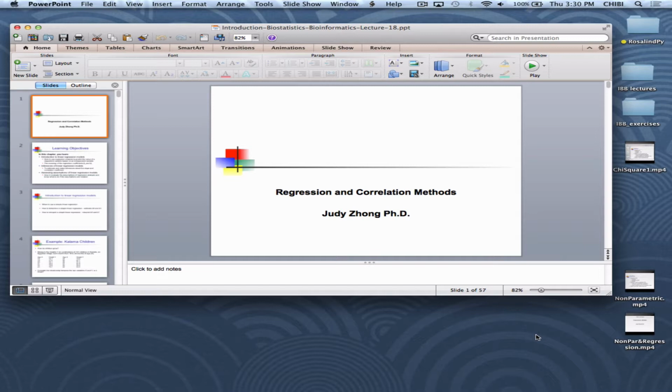You can use an equal variance assumption to get a pooled estimate. Or you can use an unpooled or separate estimate of the variances, and then you need to modify the degrees of freedom a little bit.